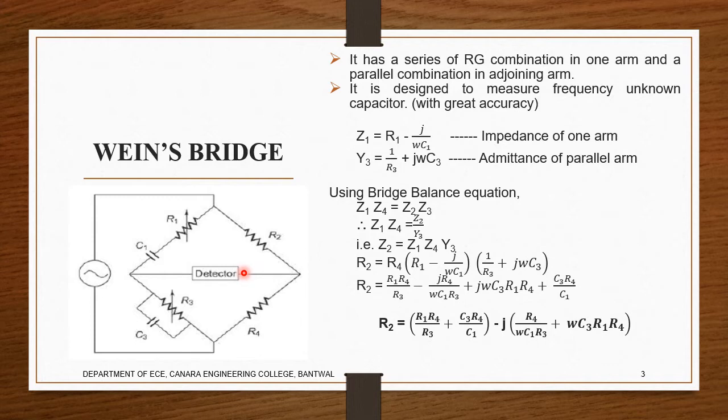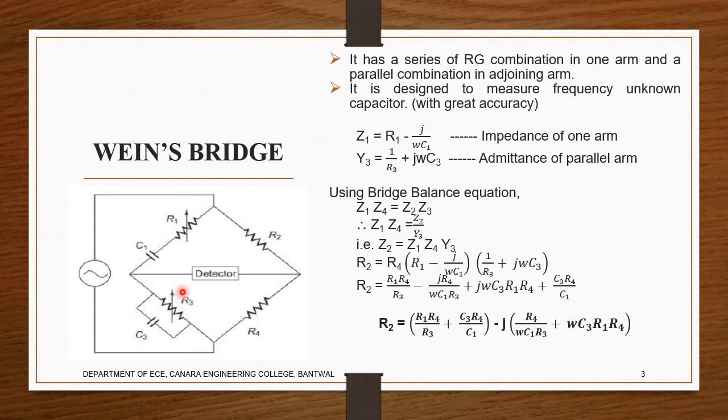Now Z1, that is the half arm here, is equal to R1 minus j divided by omega C1. This is the impedance of one arm. Next is the arm Z3. Here we call this the admittance.